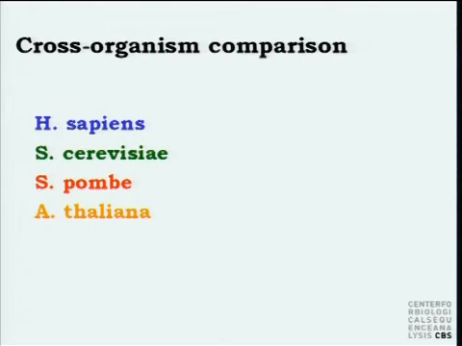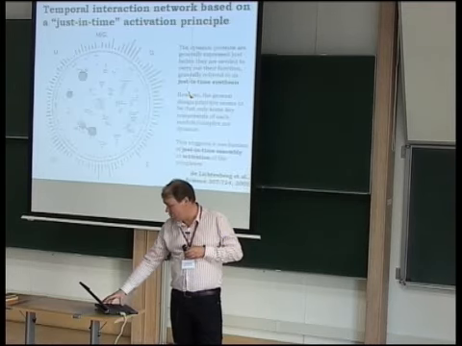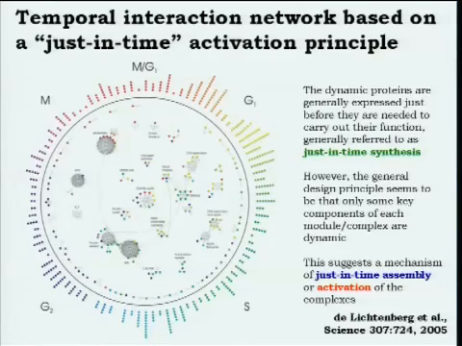And of course it's interesting, this was yeast, so you can compare to other organisms, and we are limited by the amount of transcriptomics data we have. For this work, we combined just two data types, protein interaction data and transcriptomics data, and got this temporal picture of the interaction patterns and the complexes.